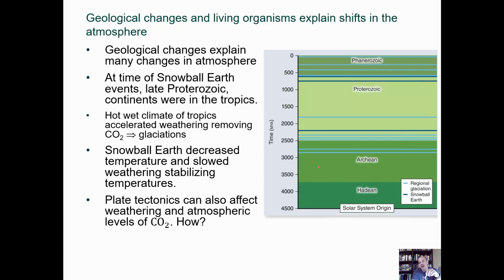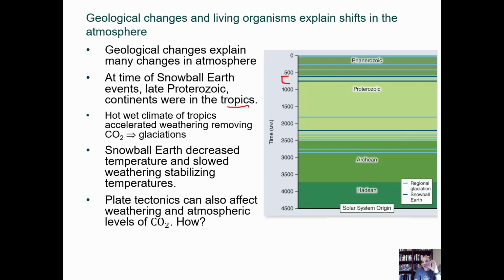During periods of Snowball Earth, later in the Proterozoic, which would be these two snowball events here, the continents were in the tropics. And when you're in the tropics, you're receiving more direct sunlight. So imagine this is a period before a snowball event, and things are warm at that time.